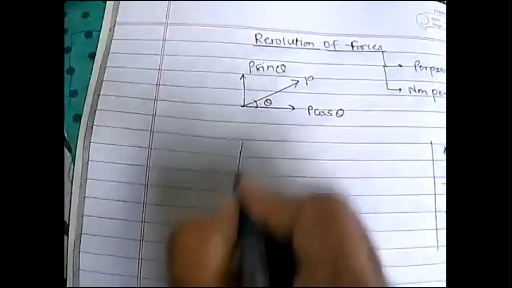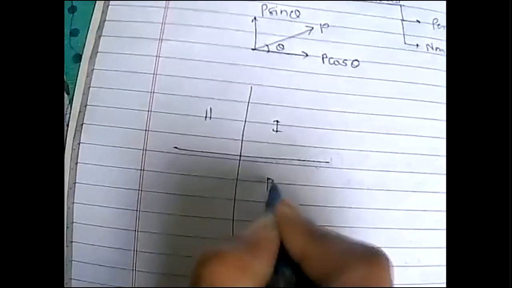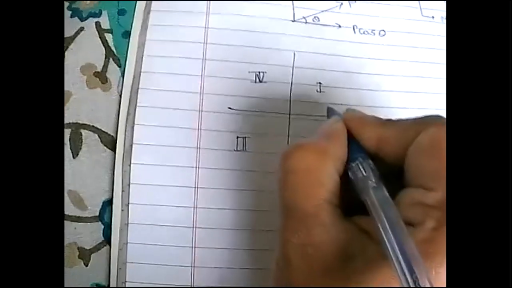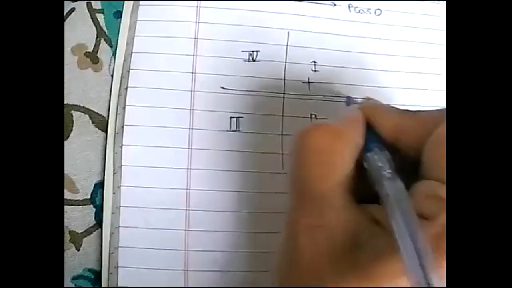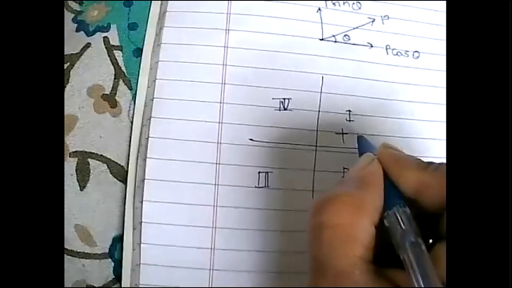So accordingly, four quadrants are also there. This is the first quadrant, second quadrant, third quadrant, and fourth quadrant. Then we know that in this quadrant the component along the x-axis is positive, along the y-axis is also positive.